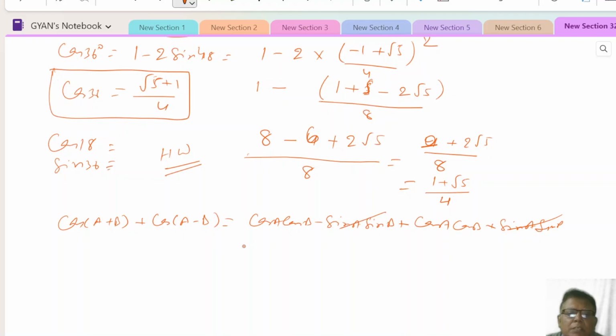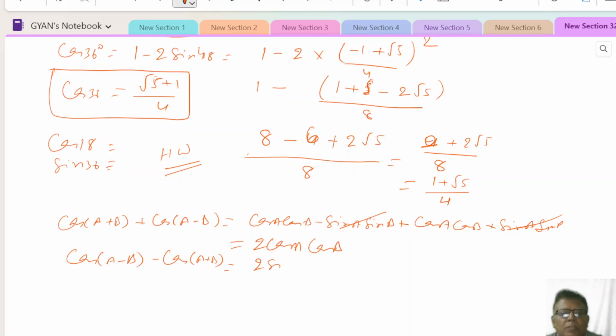So this gets cancelled. So that is 2 cos a into cos b. And now cos a minus b minus cos a plus b, so that will be 2 sin a into sin b.